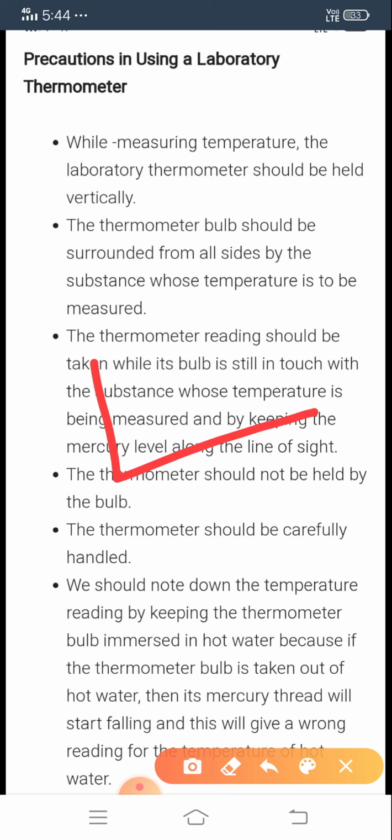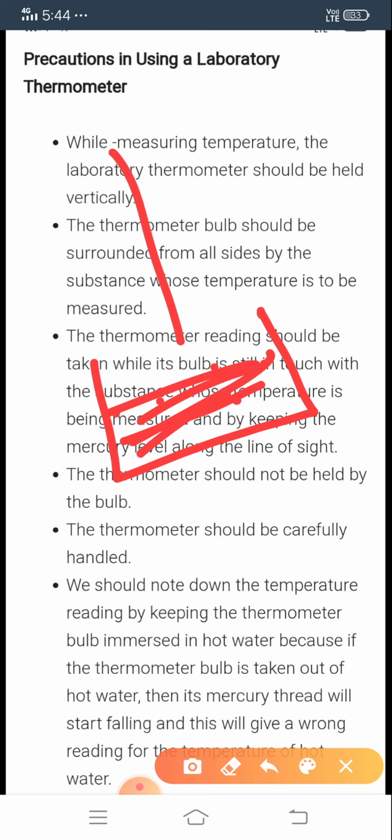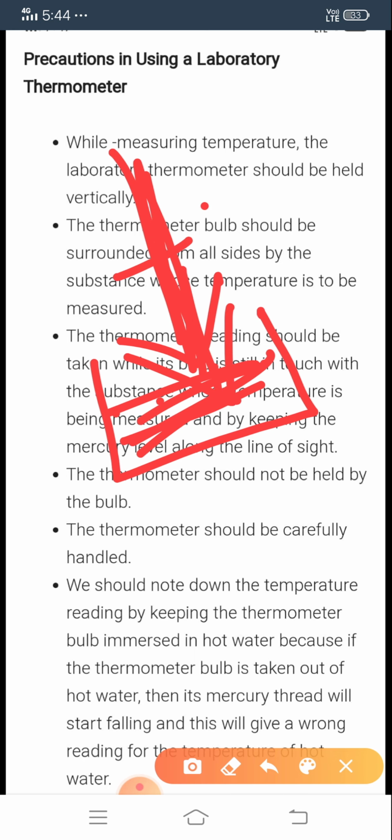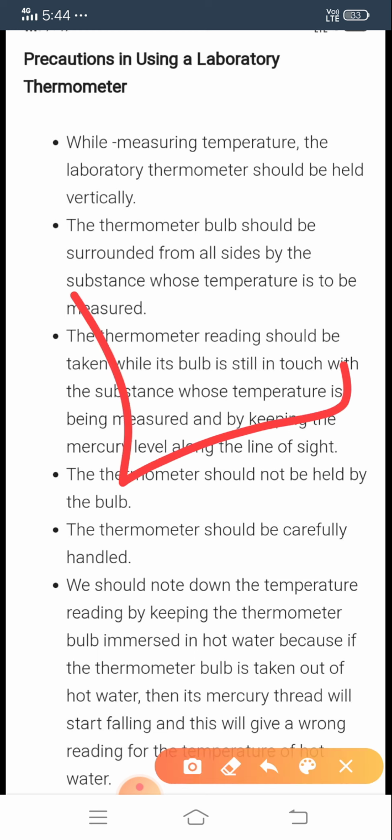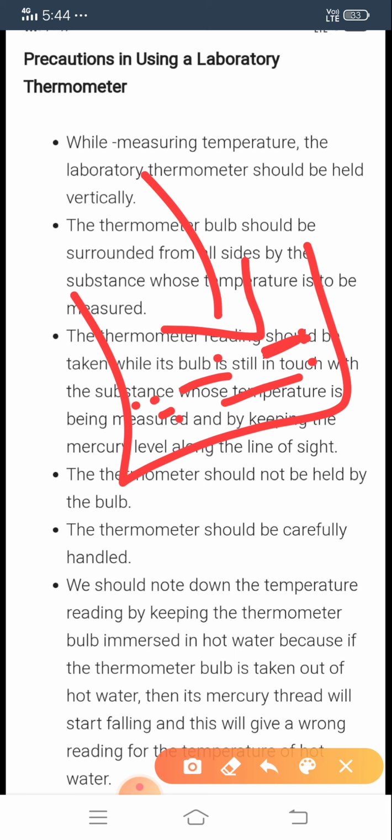Like for example, here a beaker is there with some water and the thermometer. We should take down the reading of the mercury level, which is 80 degrees Celsius.